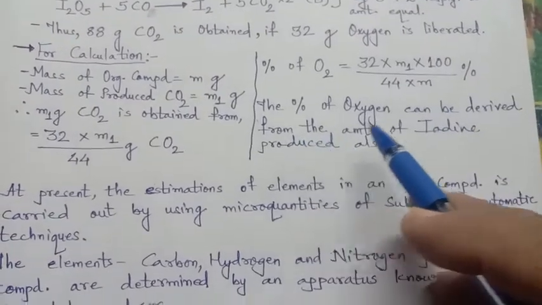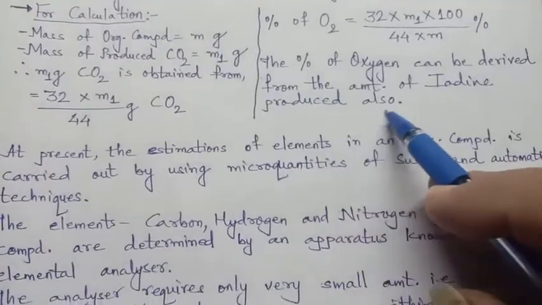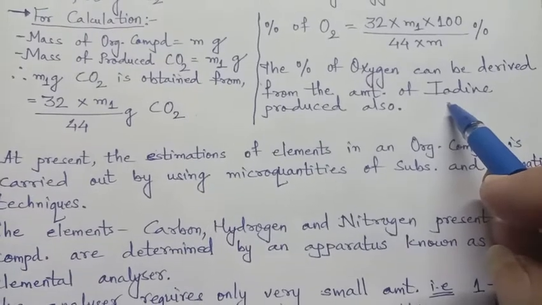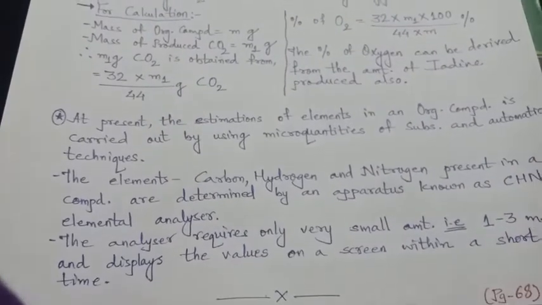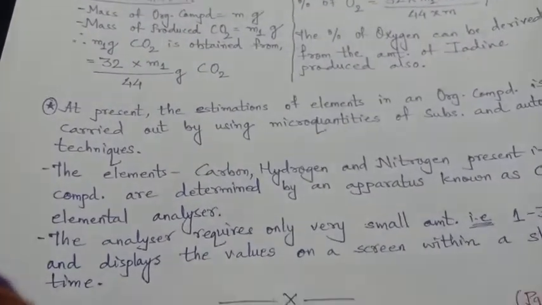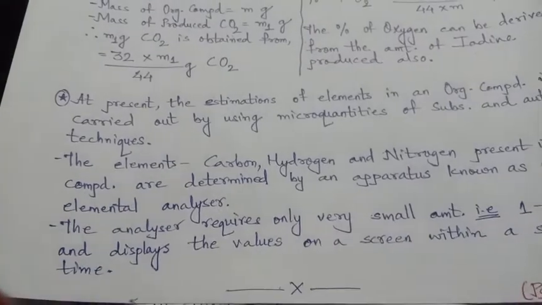And thus the percentage of oxygen can be derived from the amount of the iodine produced also. So calculating all the elements' masses and then subtracting from 100 will give the percentage of oxygen.